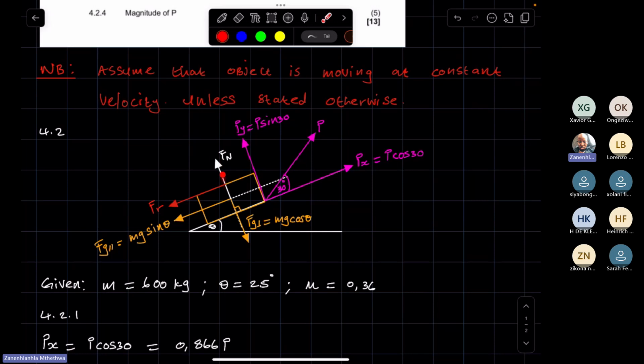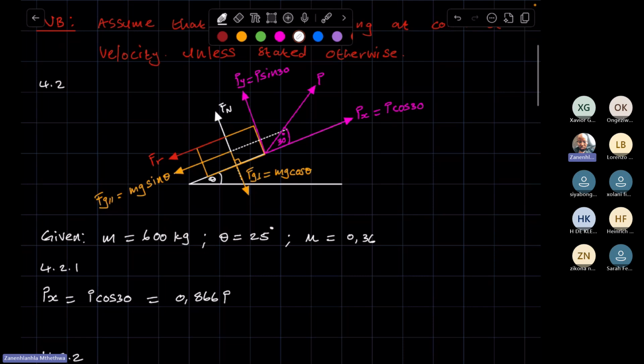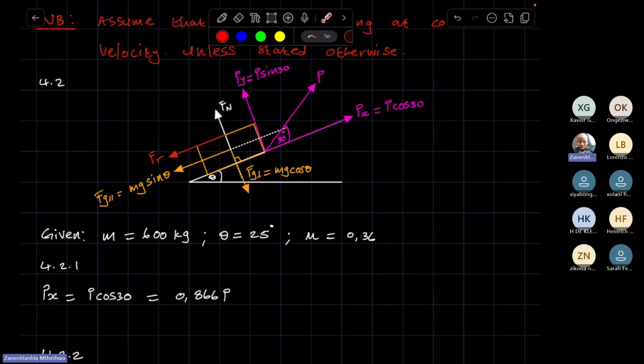The normal force and the frictional force are both contact forces, meaning we only get those forces when two surfaces are in contact, so the two surfaces being the object and the inclined plane. As soon as the two surfaces come into contact, we have the normal force and the frictional force.